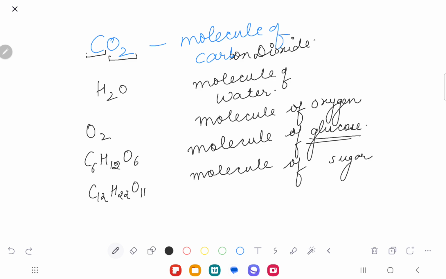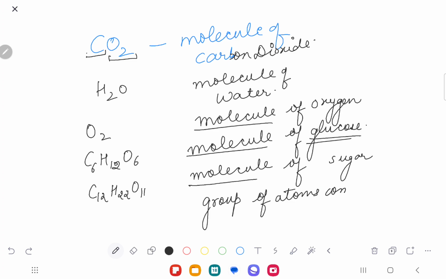So these are all molecules. What are molecules? A group of atoms combined together. Do you understand my point?